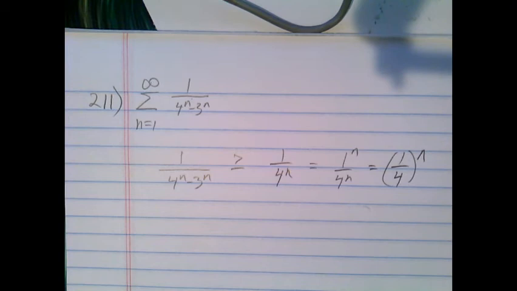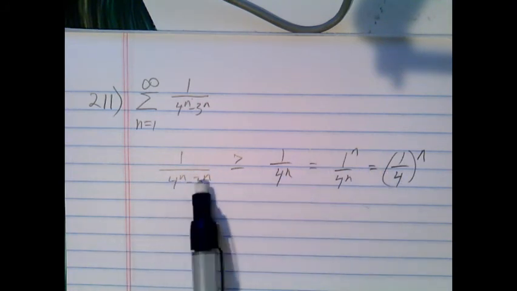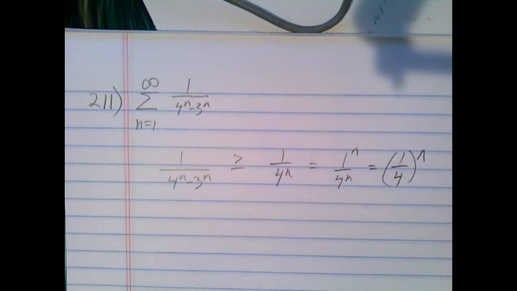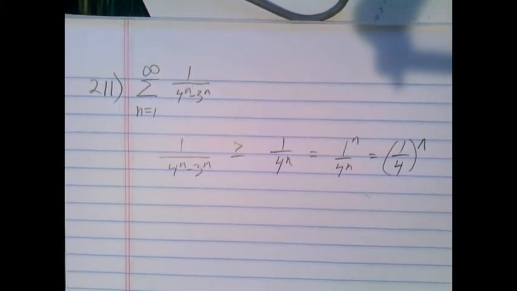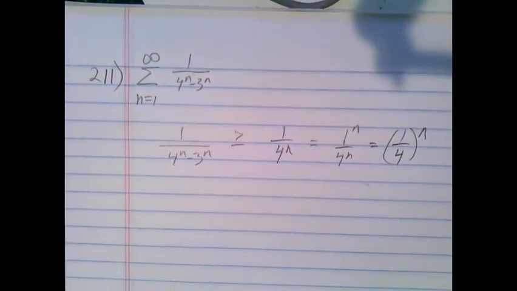So my next thought is, if I can't use the direct comparison test, I'm going to use a limit comparison test where I compare this to that by taking the limit of the ratio of those things. And as long as that limit comes out to be a non-zero constant, I can conclude that they have the same behavior, convergent or divergent. Now, like I said, the book told me to use the limit comparison test, but I'm trying to help you understand how I would come to that conclusion anyway.